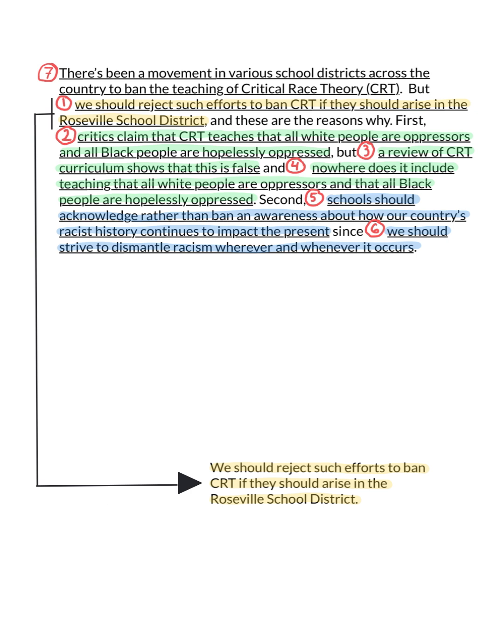This can take some effort since it requires interpreting the point the author is trying to persuade us about. So when reading passages looking for a conclusion, you're asking what claim is everything else in the passage trying to support? In this passage, the conclusion is the sentence, we should reject such efforts to ban CRT if they should arise in the Roseville School District.